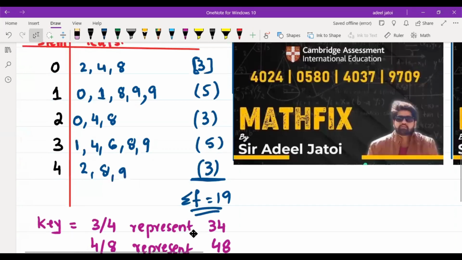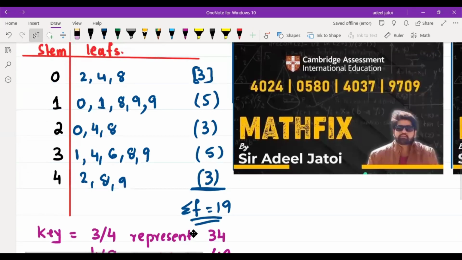That means we will be starting from the first value. 1, 2, 3, 4, 5, 6, 7, 8, 9, 10. Your (n+1)/2 represented (19+1)/2, which was 20/2, which means the 10th term.